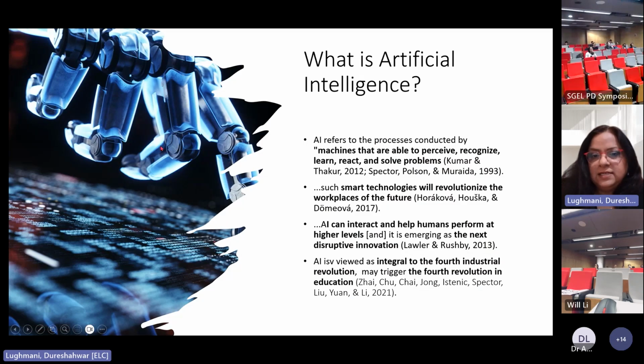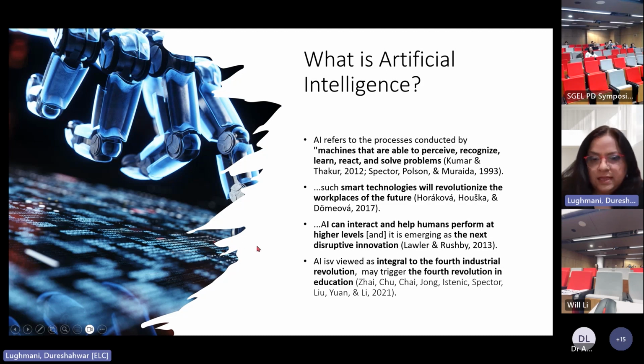So, artificial intelligence, for the sake of my study, refers to processes conducted by machines that are able to perceive, recognize, learn, react, and solve problems. And these smart technologies, in 2017 already, and you can see that these definitions come from 1993 as well, will revolutionize workplaces of the future.